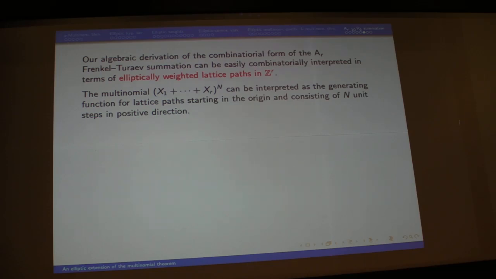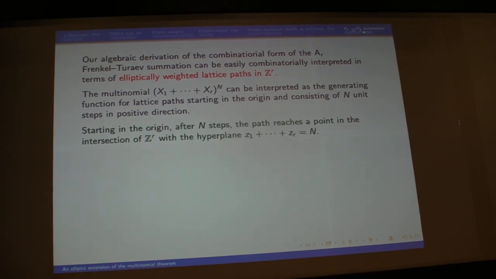Unit steps. We have R possible steps, but we have n steps in total. So we have n factors, so each step can be either in the first direction, the second, or in the rth direction. So each xi means a unit step in the ith direction. And of course, we expand this and order it, and we get all the lattice paths. And normalizing gives us weighted lattice paths.